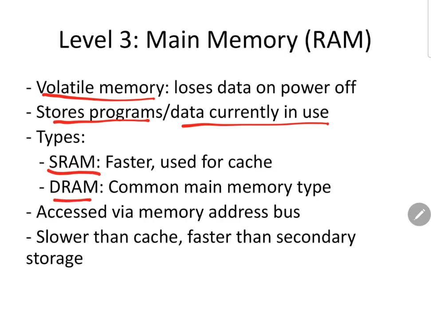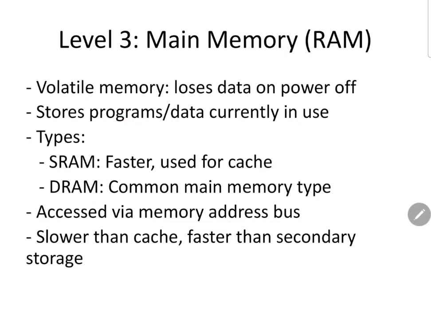SRAM is faster, and usually SRAM is used for cache memory, and DRAM is the common main memory type that everyone is using. And this main memory is accessed via the memory address bus. In my other video you might have already seen the video on address bus. So it is accessed with the memory address bus.